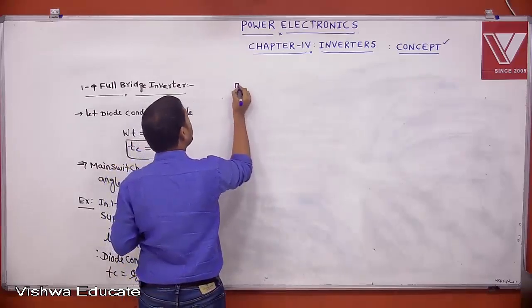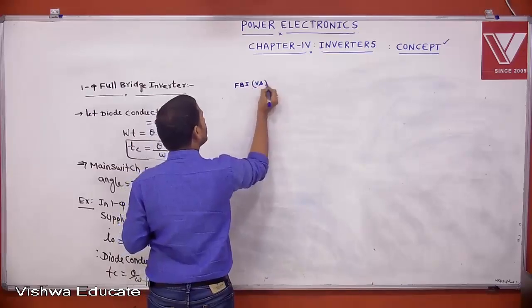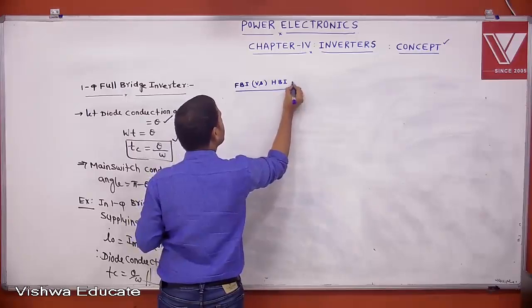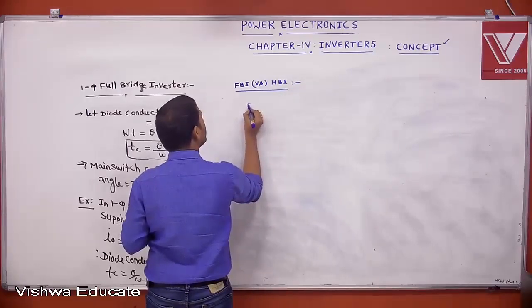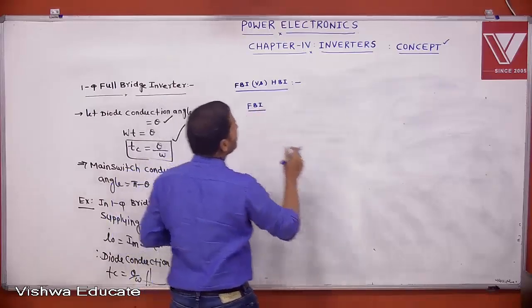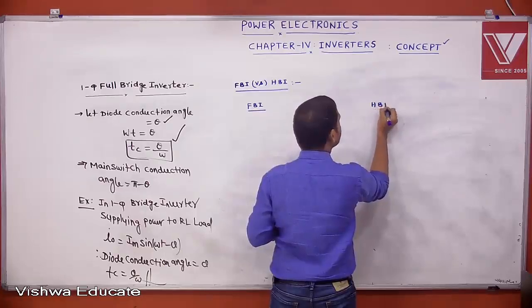Now, full bridge inverter versus half bridge inverter. On one side you write FBI, full bridge inverter, and on the other side you write HBI, half bridge inverter.